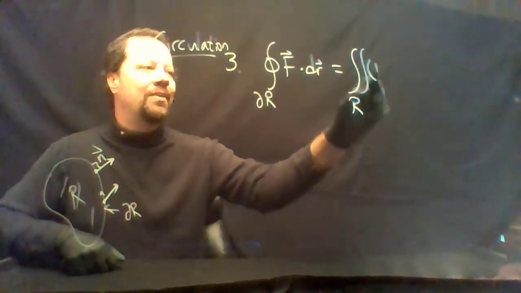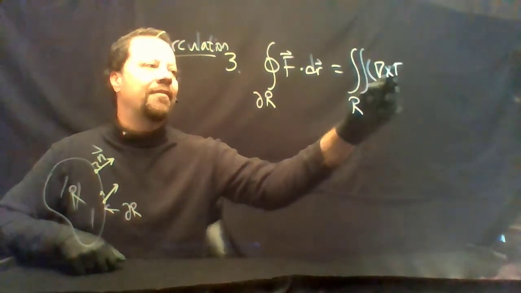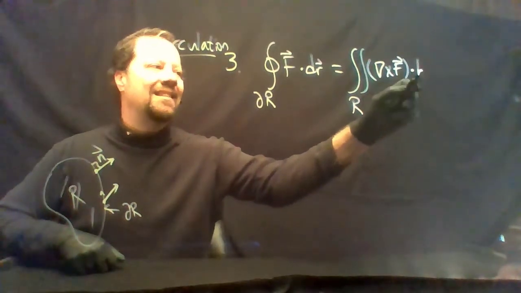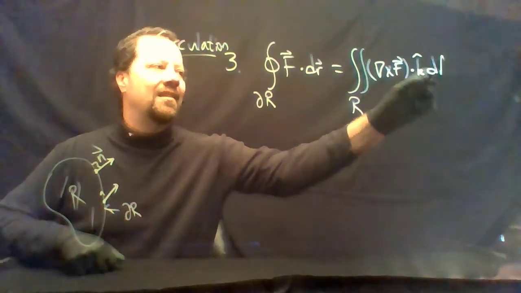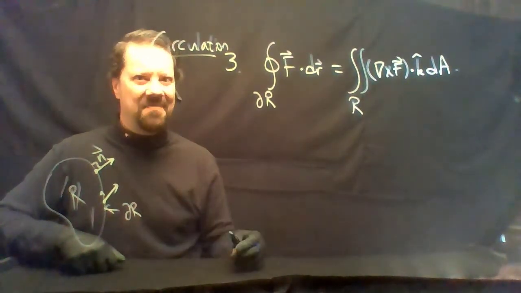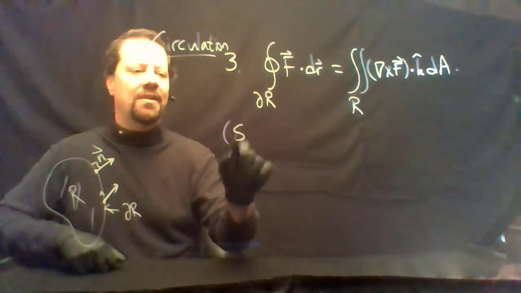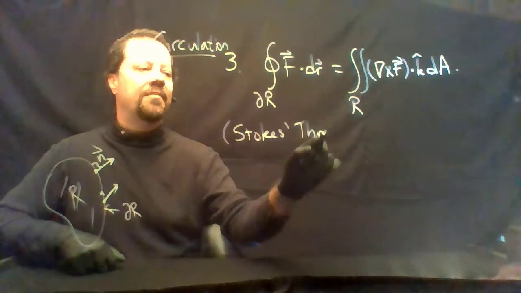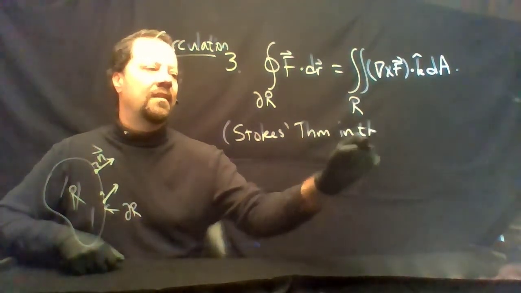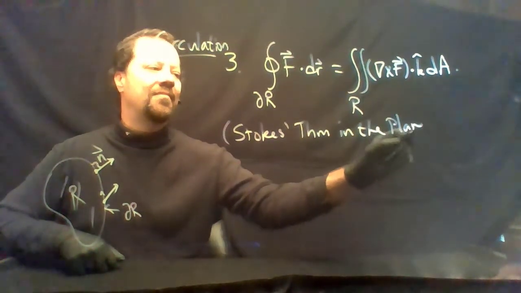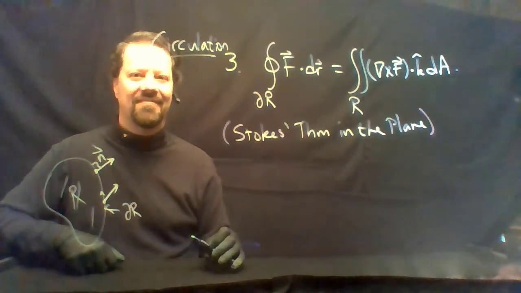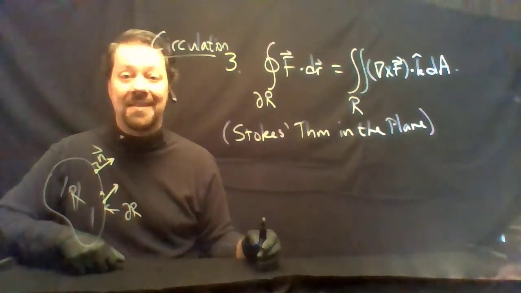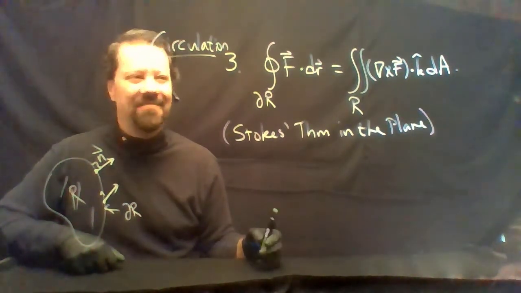That's going to be equal to the curl of F dot k dA. This is sometimes called Stokes' theorem in the plane, for reasons that will become obvious after we discuss Stokes' theorem.